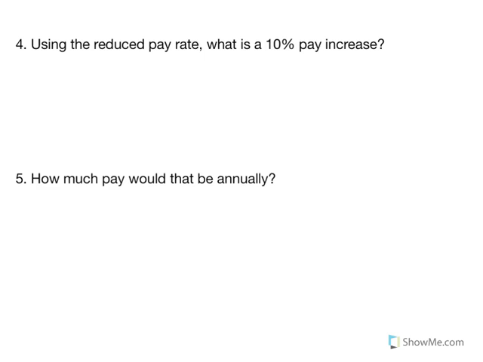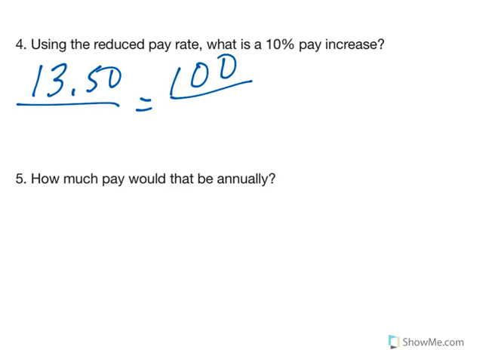Okay, well, then they say profits are better. We're going to give you a 10% increase. Well, let's use that same concept. I'm now making $13.50 an hour. That's 100% of what I make. I don't know what I'm going to make later, but now I have a pay increase, so now I'm at 110.